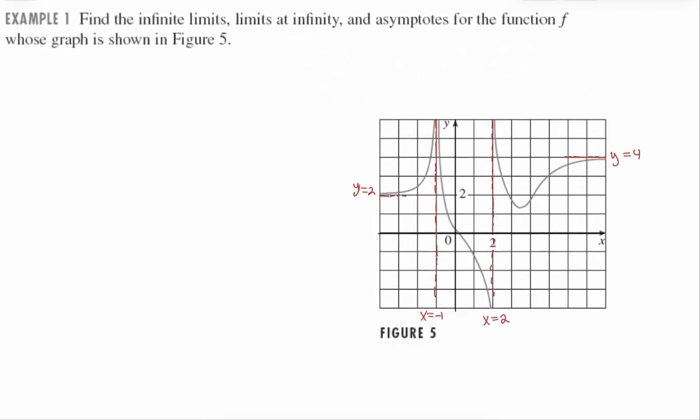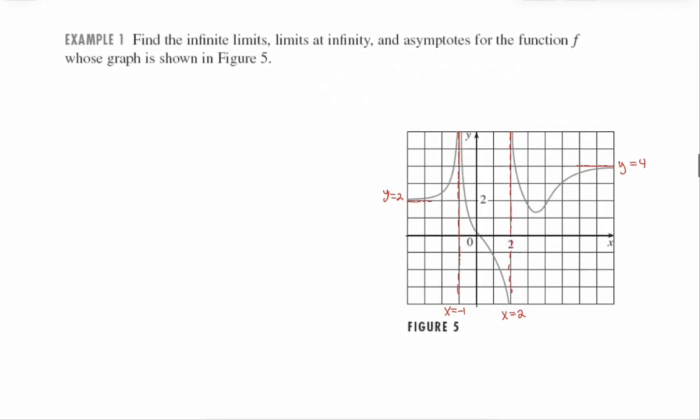So it says, find the infinite limits, limits at infinity, and asymptotes for the function. So we found all of our asymptotes. Our vertical asymptotes occur at x equals -1 and x equals 2. So those are the limits where we will get an infinite limit.